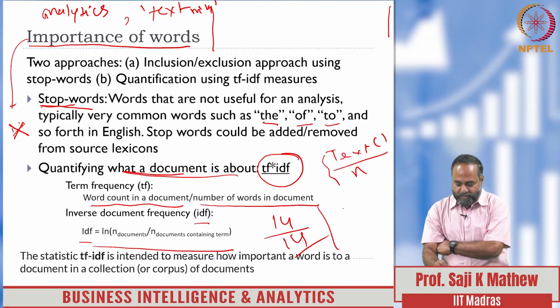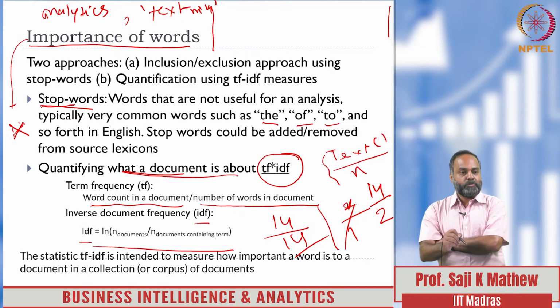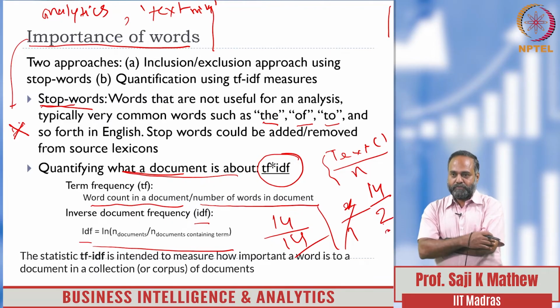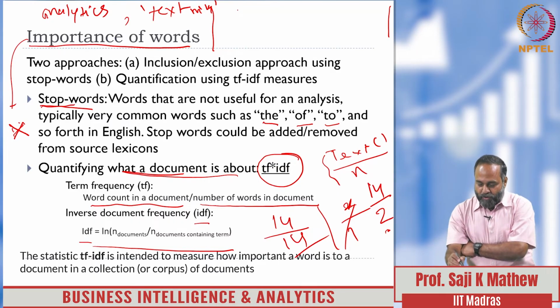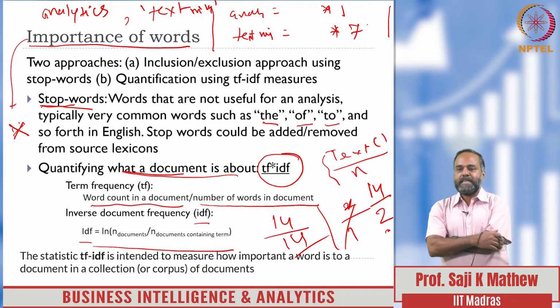Let us take it as IDF is 14 divided by 2, with the number of documents on the top, and 2 documents have this. Now for analytics, the multiplication factor is 1. For text mining, the multiplication factor is 14 by 2, which becomes 7.